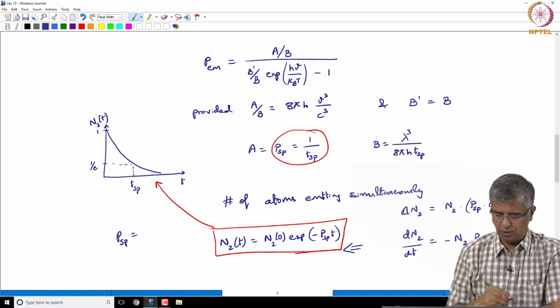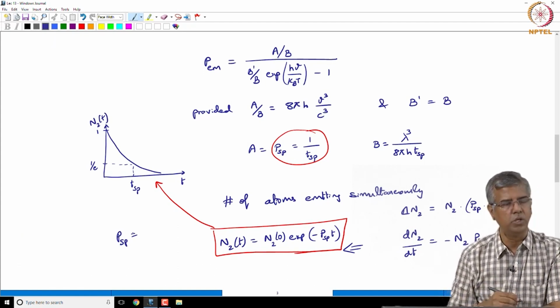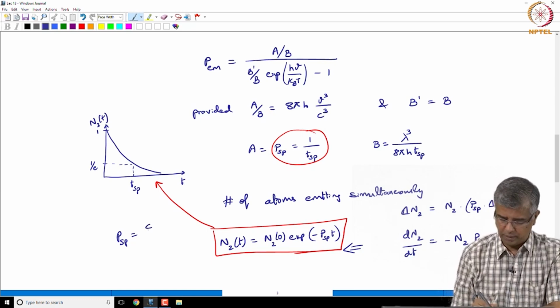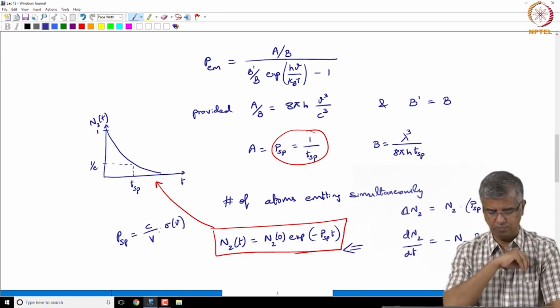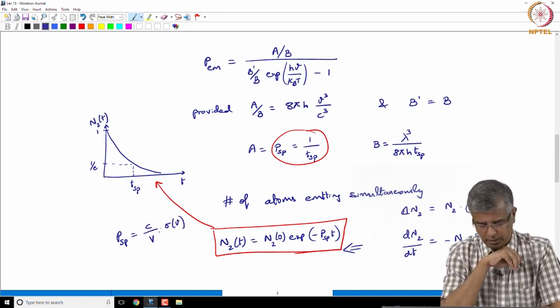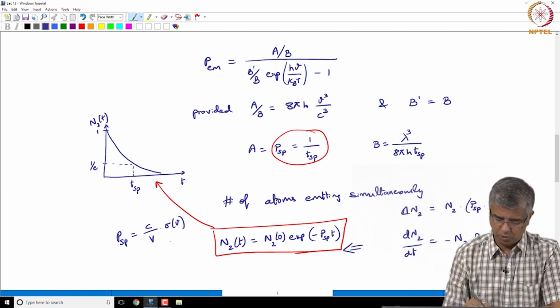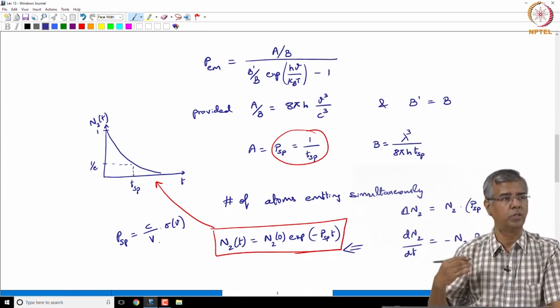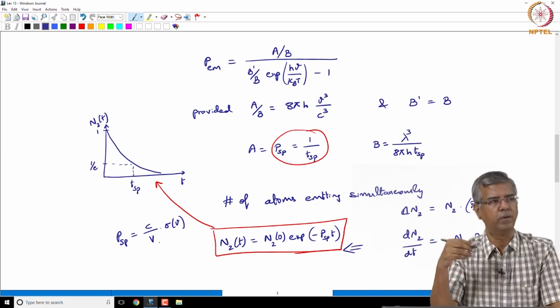So, this of course, we will also see, we will start looking at this other quantity wherein we say PSP for a given volume is going to be given by C over V multiplied by sigma of mu, okay, where sigma of mu, this is what we are going to use as we go on. We will not look specifically at the probability density every time.